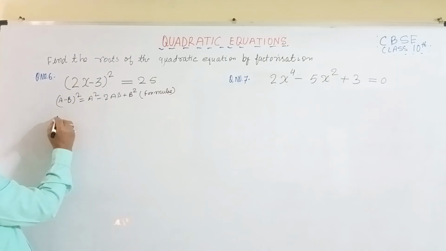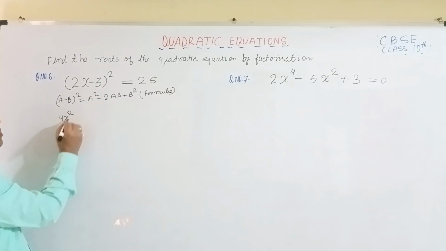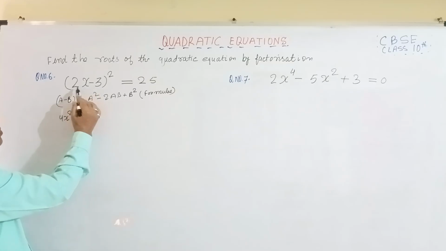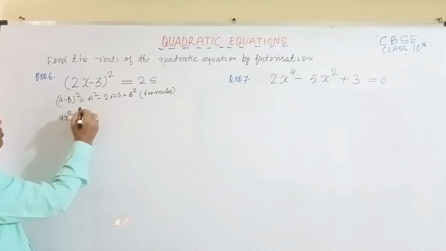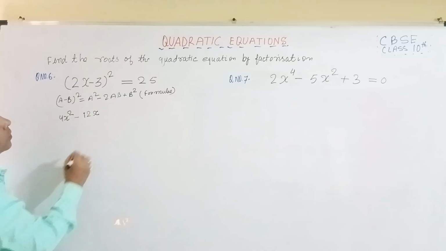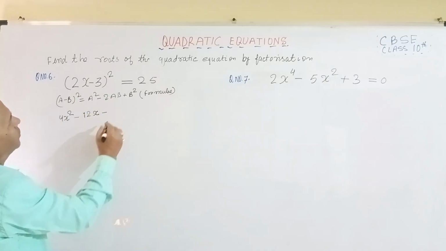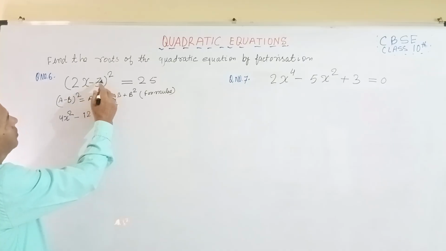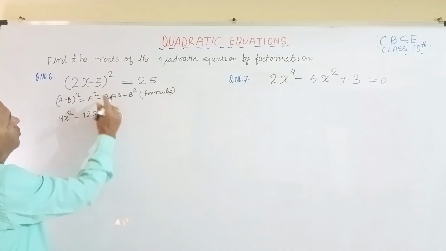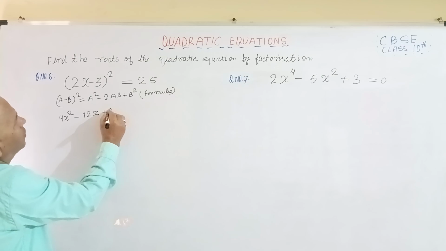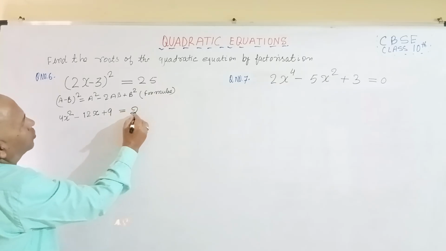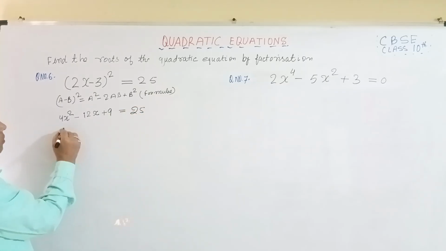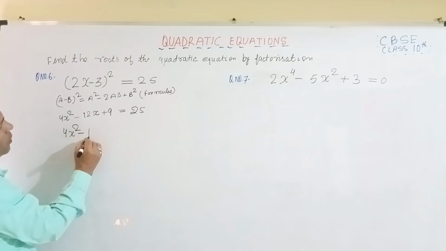Now this becomes 4x square minus 3 twos are 6, into 2, that means 12x, minus, and this will become plus 9. b square means 3 threes are 9, equals 25.